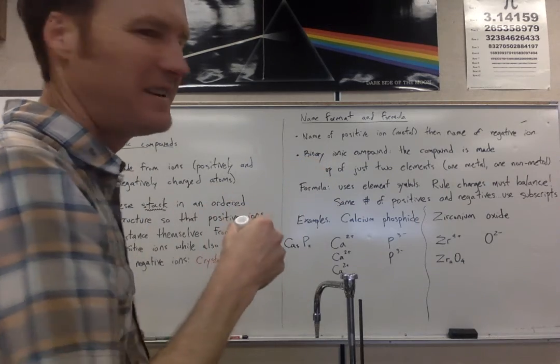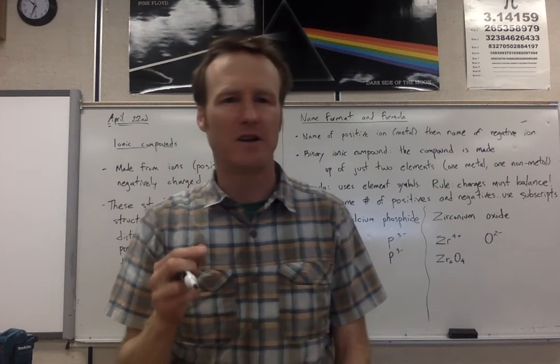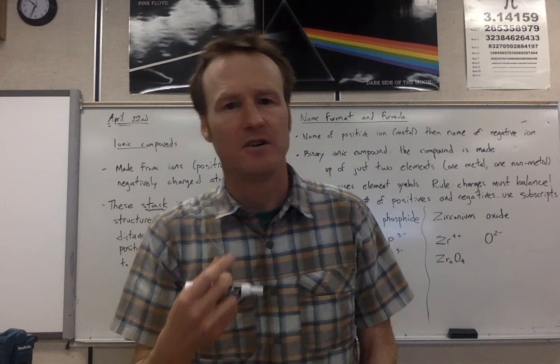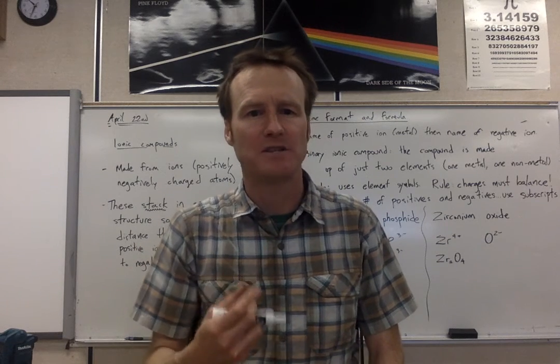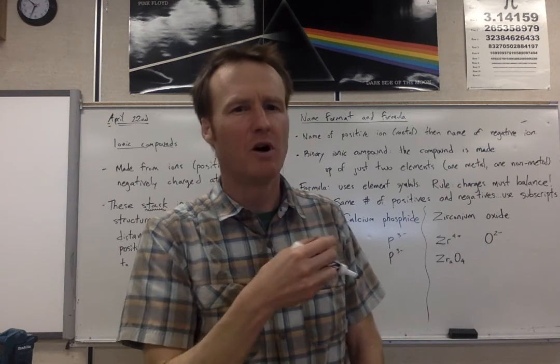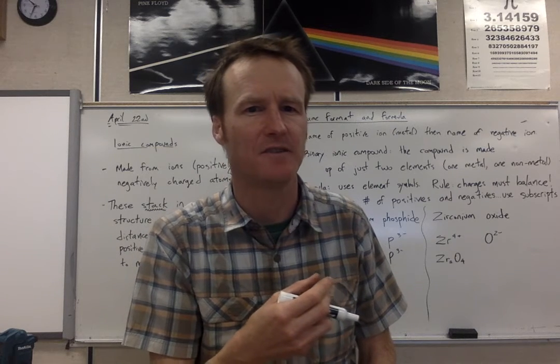Yes. Now, there's a little detail I need you to be aware of right here, and that is that you always want your subscripts to be expressed in the lowest possible terms. What would that mean right here? Well, for every 2 zirconiums, there's 4 oxide ions.